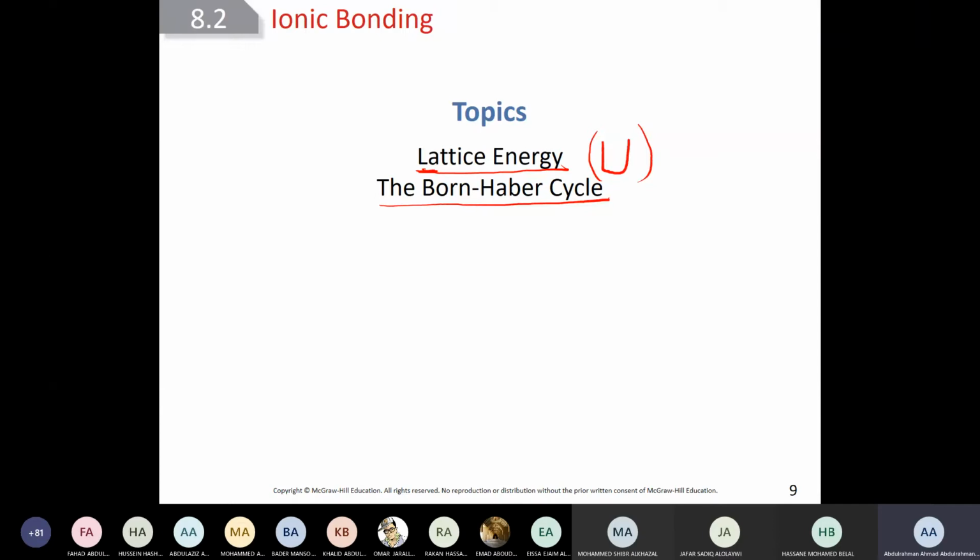Okay, I will tell you now what is the lattice energy, and I want you to write an equation to represent the lattice energy for something like MgO.